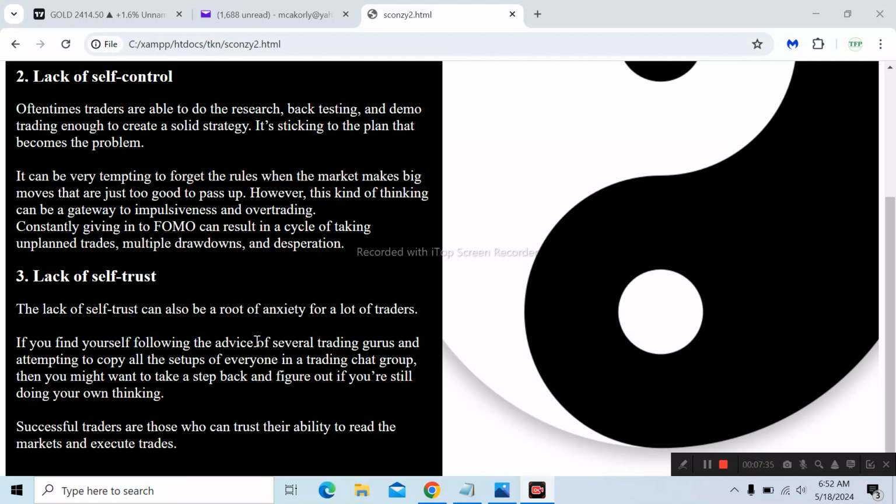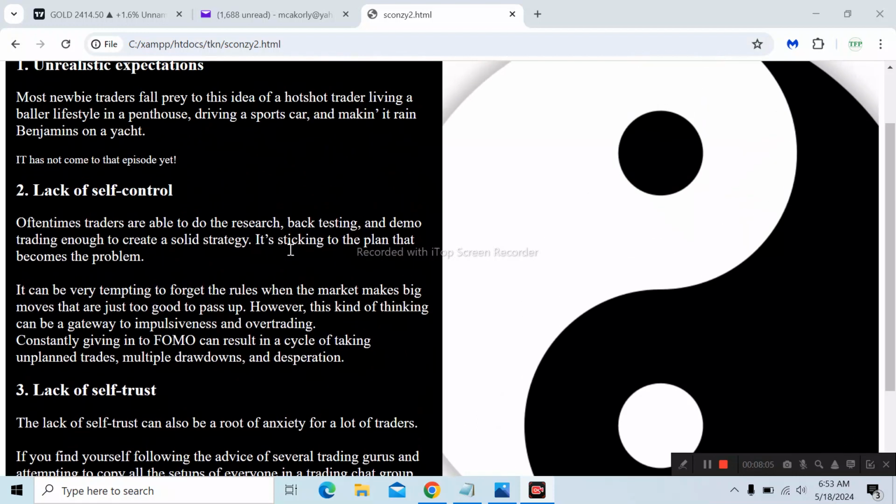If you find yourself following the advice of several trading gurus, then you might want to step back and see if you are still doing your own thinking. Successful traders are those who can trust their ability to read the market and execute trades.